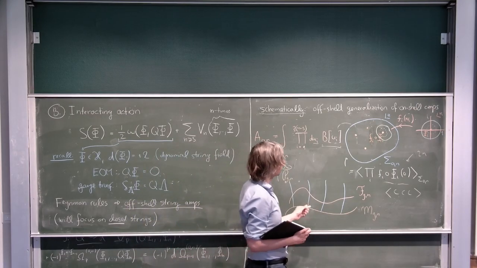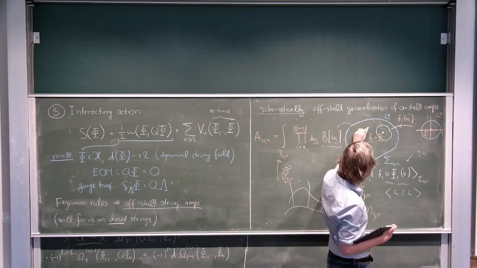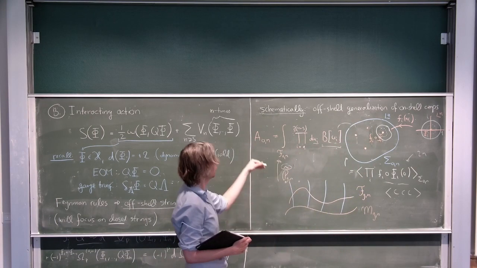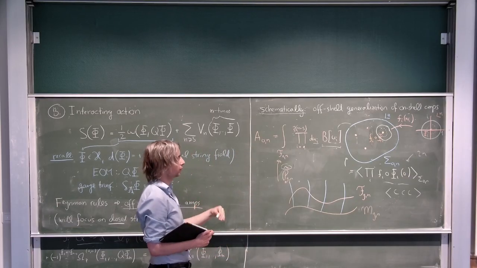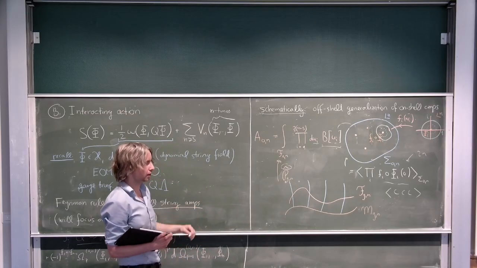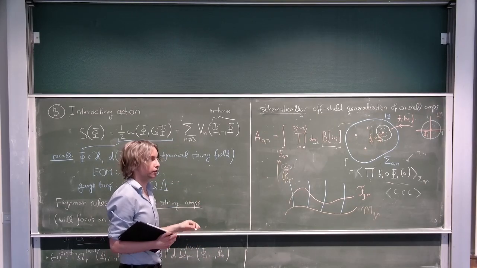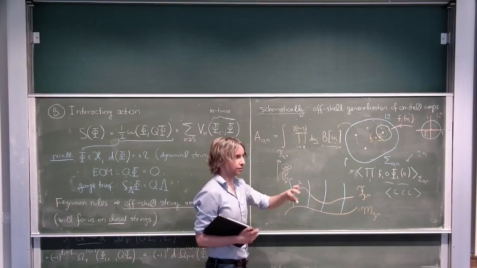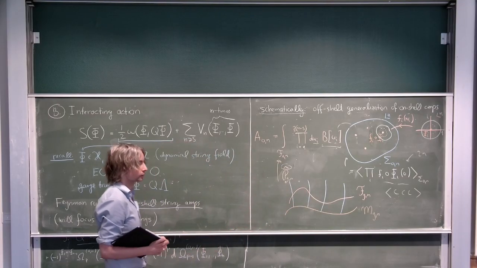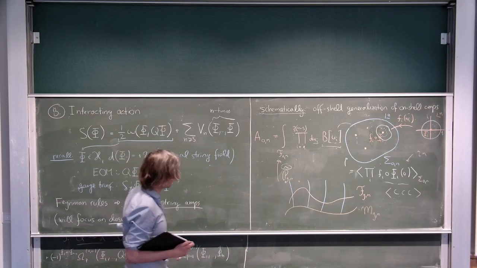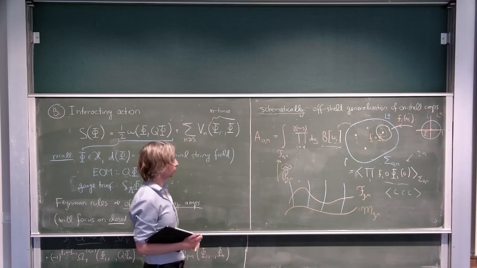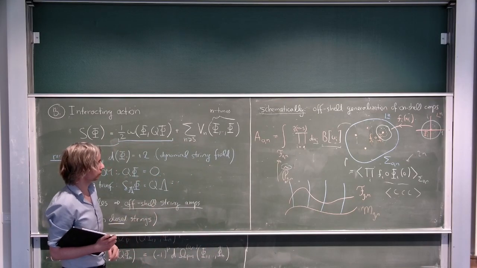This is basically due to the fact that the states which are to be inserted at each puncture, although being generically offshell, still need to be level matched. Since they are level matched, they need to be killed by L0 minus L0 bar, the spin in the worldsheet CFT, and so they are not going to be sensitive to the redefinition of the local coordinates by a phase. In principle, I have this freedom of choosing the local coordinates only up to a phase at each puncture.